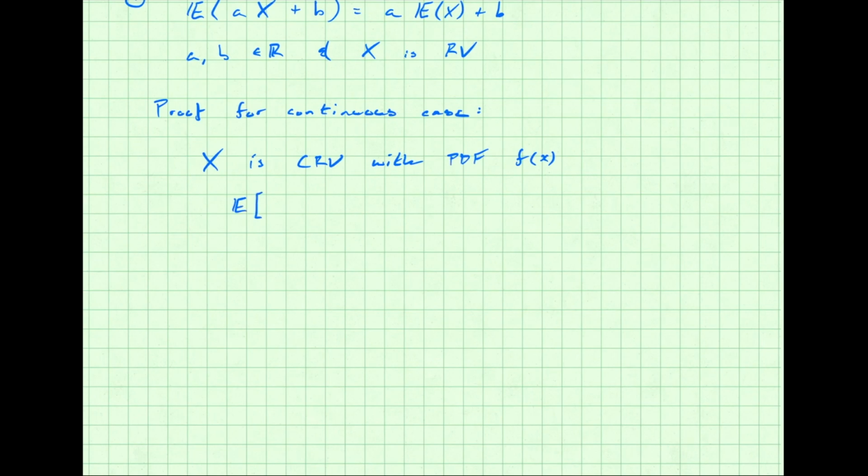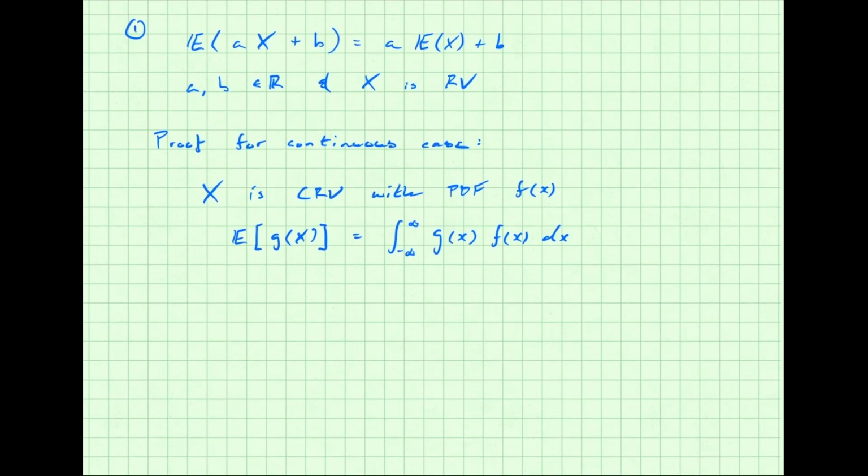We're going to use this thing that we've seen before, of g of x, that's equal to the integral from minus infinity to infinity of g evaluated at x times f of x dx.